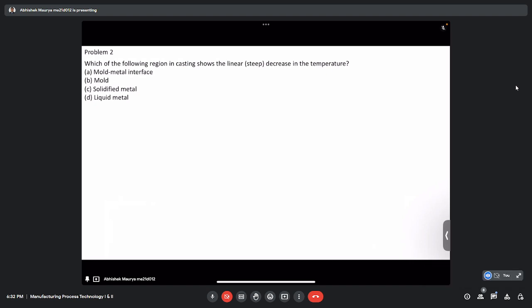So let's try to discuss this for everyone. If you remember, there is a temperature curve that shows how the temperature decreases from the molten metal to the ambient air. So again, I will draw the same curve, and then we will try to find the correct answer.